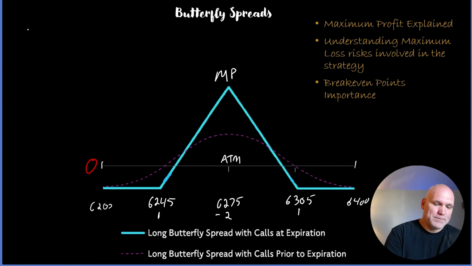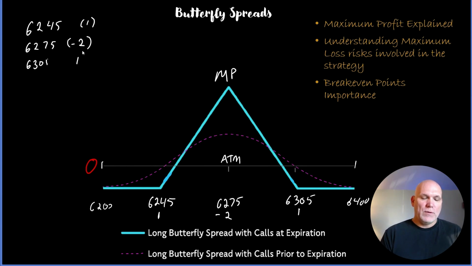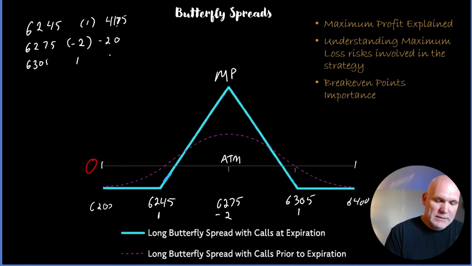And it looks like this: 62.45, this is just one of these. 62.75, two shorts, and 63.05, which is one long. And what the prices might look like when you're setting this up is this one might be 41.75. Prices will vary depending on the volatility. 62.75 would be going for maybe 20, and 63.05 would be selling 600.